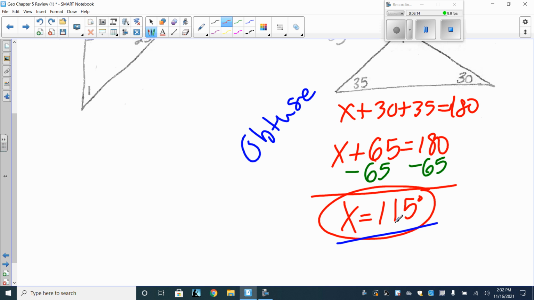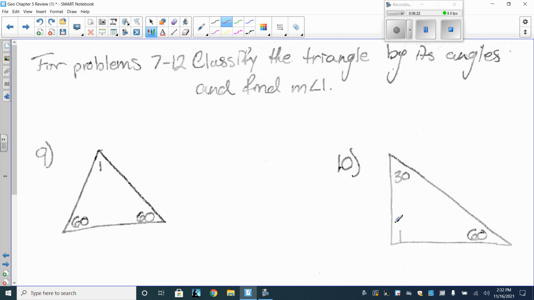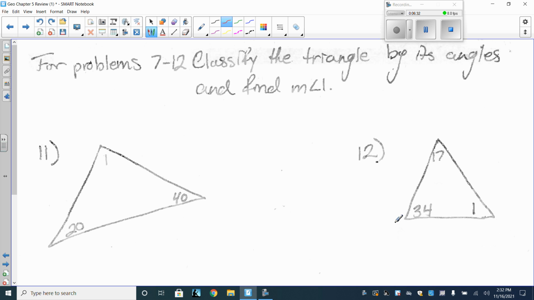And luckily, it would still be obtuse. Any other questions on these here? So we're good with 9 and 10? Very good. How about 11 and 12? I can, I just haven't set it up yet. 12.